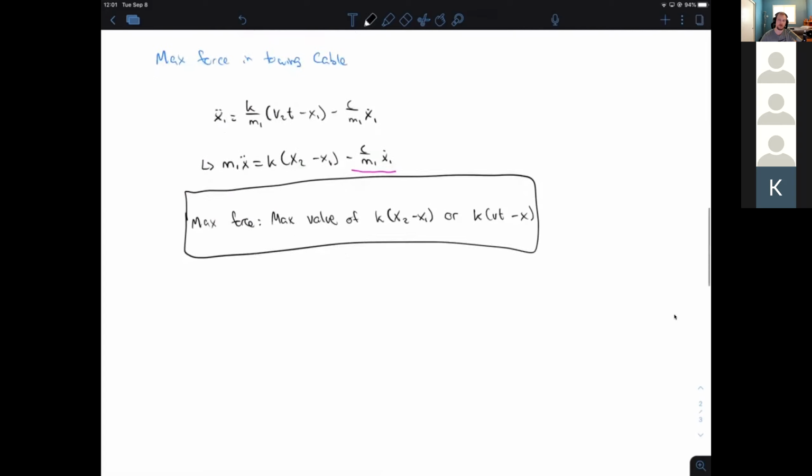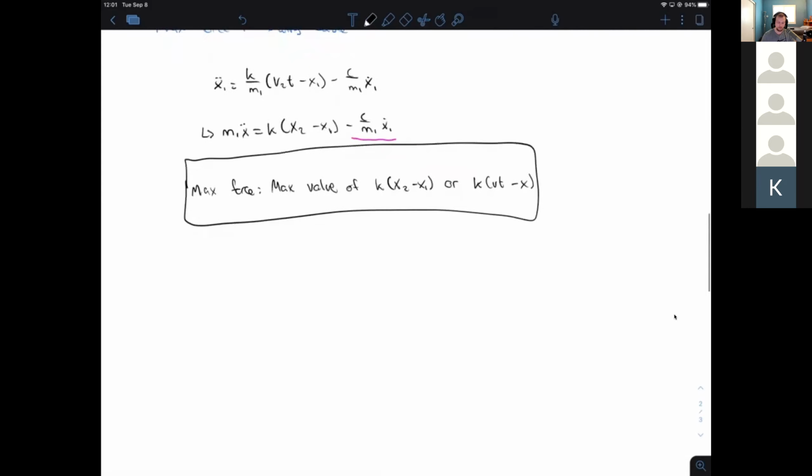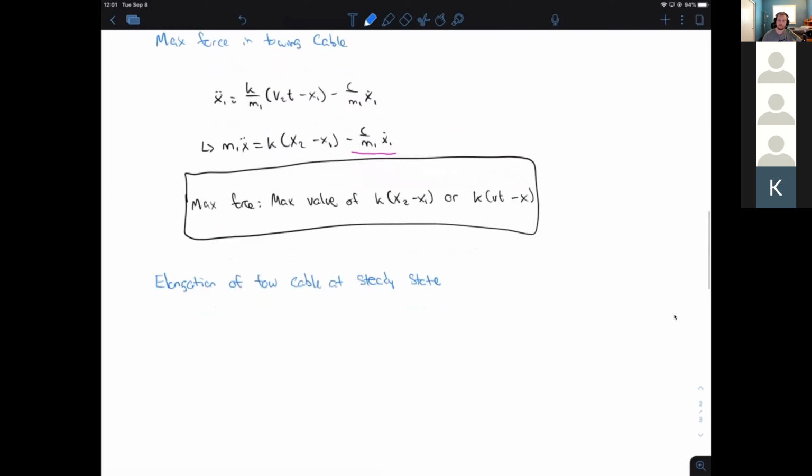So then we'll go to the elongation of the tow cable, and we're going to be looking for this elongation at steady state. So I'm going to get our equation of motion once again here, and then we're going to rewrite some stuff.